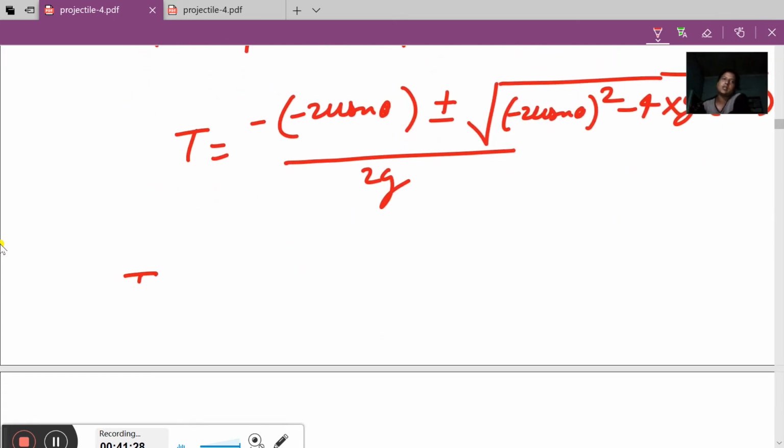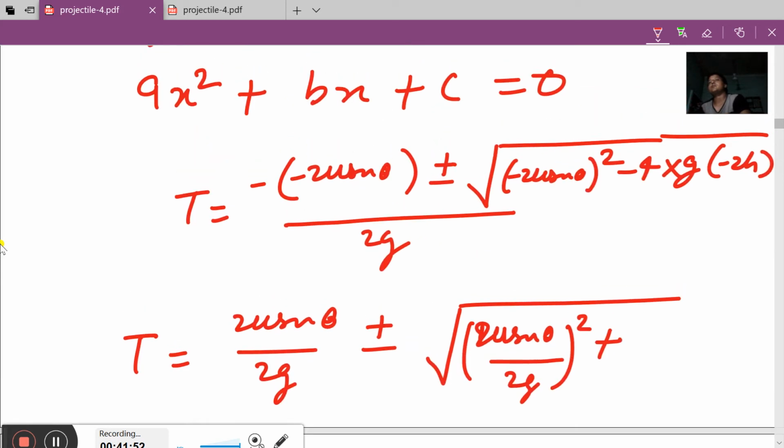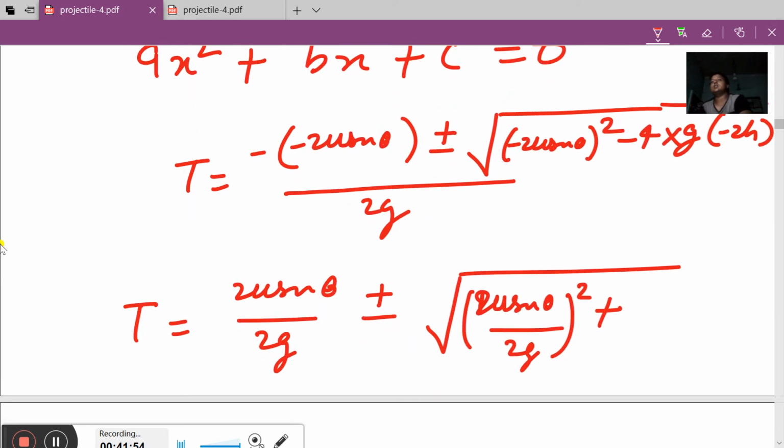So time of flight comes out to be 2u sin theta over 2g plus minus under root (2u sin theta over 2g) square plus 8gh over 4g square.